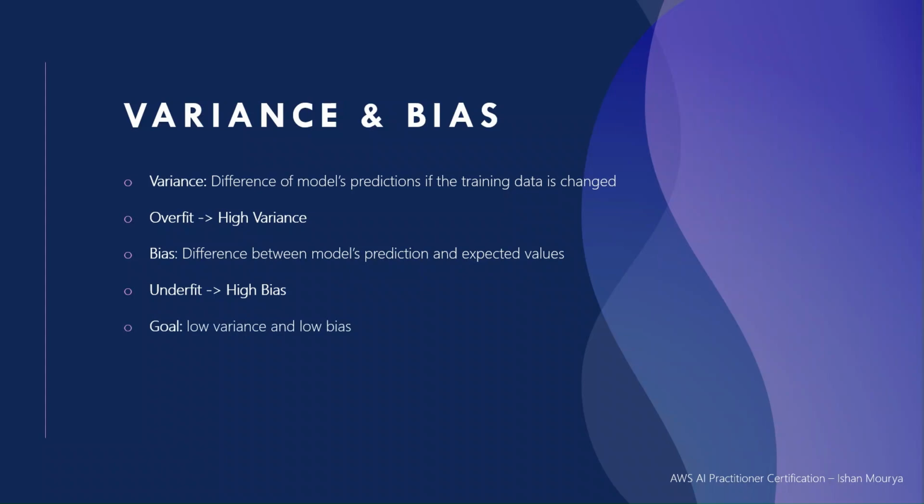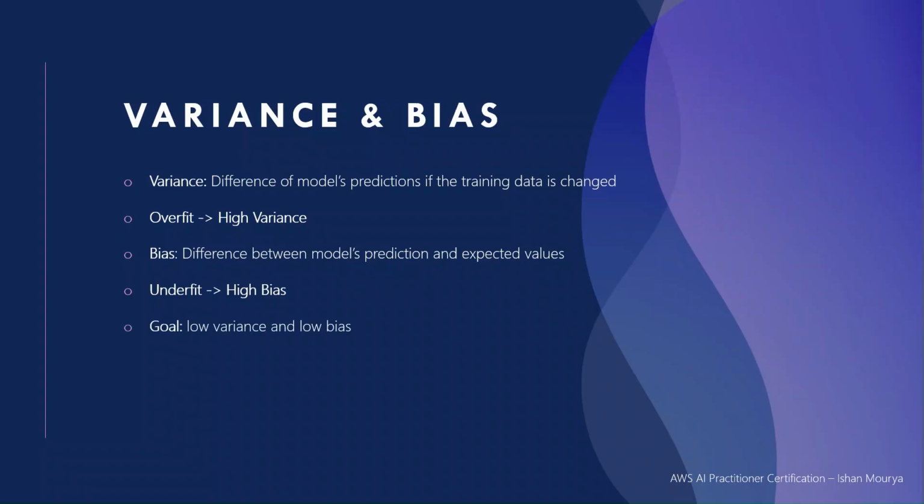And how do we make it happen? We have seen high variance means overfit, and overfit means the model is too complex. So we have to make the model simpler. And high bias means the model is underfit, which means your model is too simple. So we have to make it more complex.